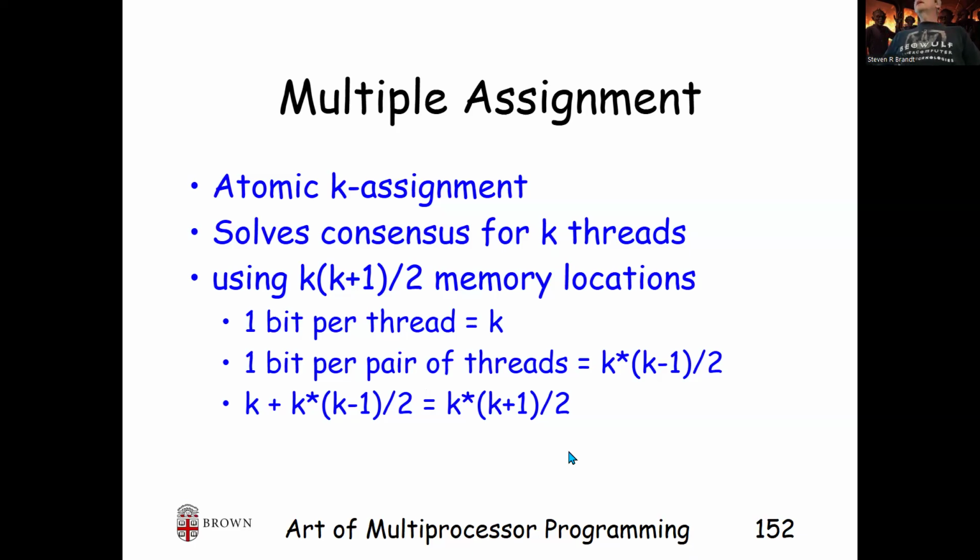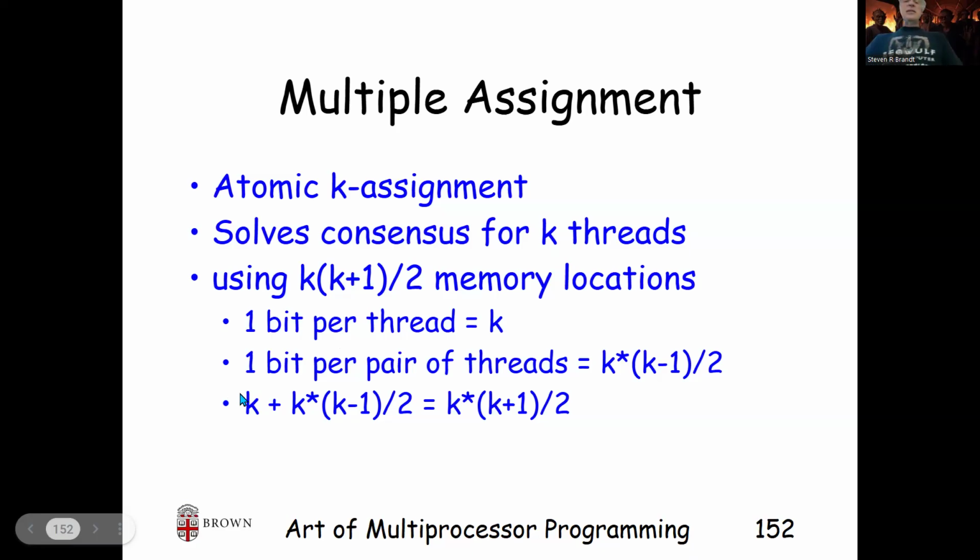And then we had a location that they both wrote, and we could look at that location and tell which of those threads had moved last, because its value would be there. Now, suppose we have 3 threads. We're going to need one unique location for each one of them, and for each pair of them, we're going to need a location.